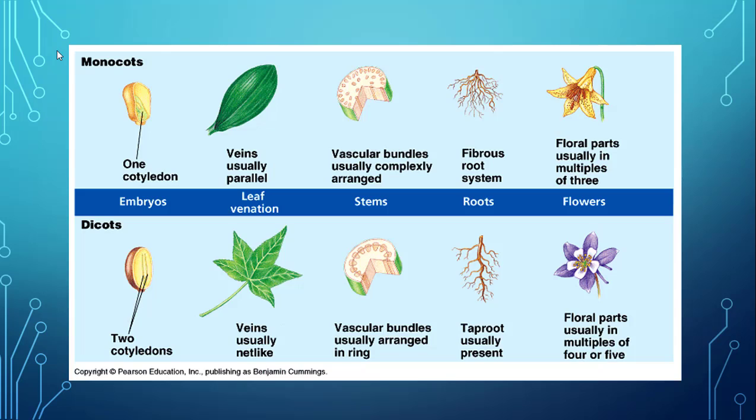In the dicotyledons, the embryo or the seed has two cotyledons. Leaves, pinnate. Flowers, floral parts usually in multiples of 4 or 5. Stem bundles are usually arranged in a ring inside the stem. The roots, tap.